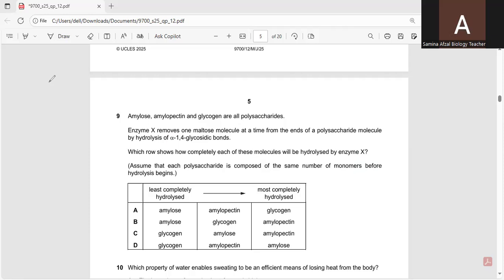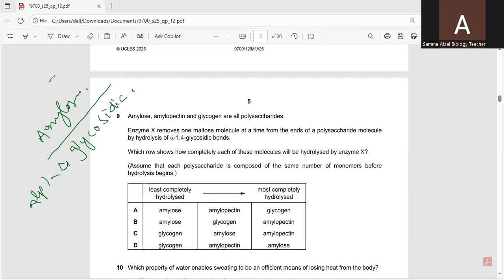So first of all, I'm going with amylose. Amylose is unbranched. It is a straight chain, in which alpha 1,4 glycosidic bonds are formed.